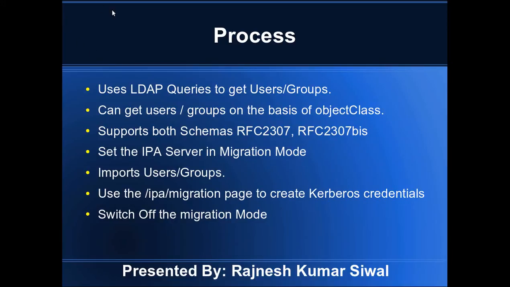But as the passwords were stored in hashed format, it's not able to generate Kerberos keys for them, so the Kerberos password is not generated. To generate that in the migration mode, IPA provides a web page, /ipa/migration, that can be used by the affected users to get their Kerberos credentials created.